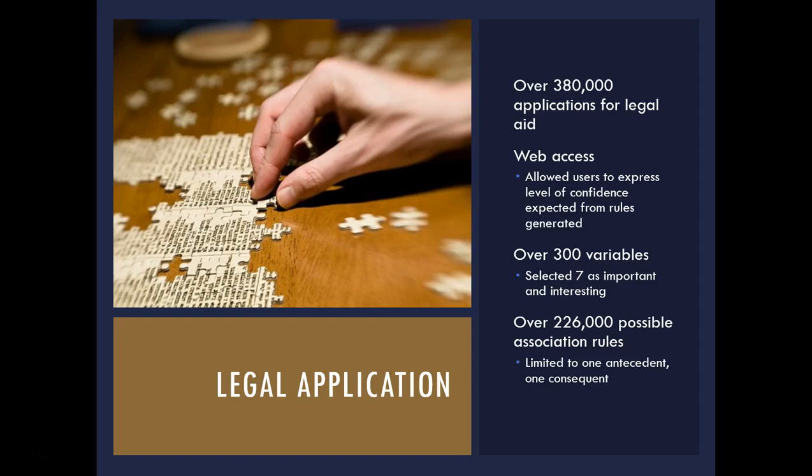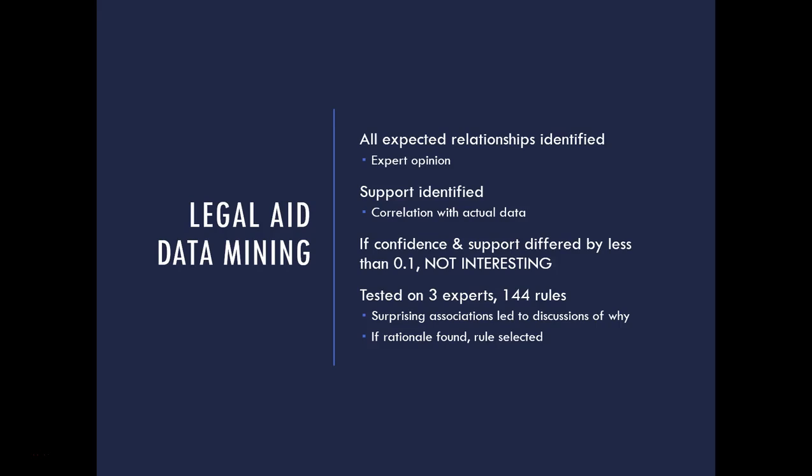Over 226,000 possible association rules were then generated, just looking at the pairs of one antecedent and one consequence. All expected relationships were identified by expert opinion, and the support identified with correlation with the actual data. So if confidence and support differed by less than a parameter setting of 0.1, it was considered not interesting. So this shows a way in which interesting can be measured in the context of association rules.